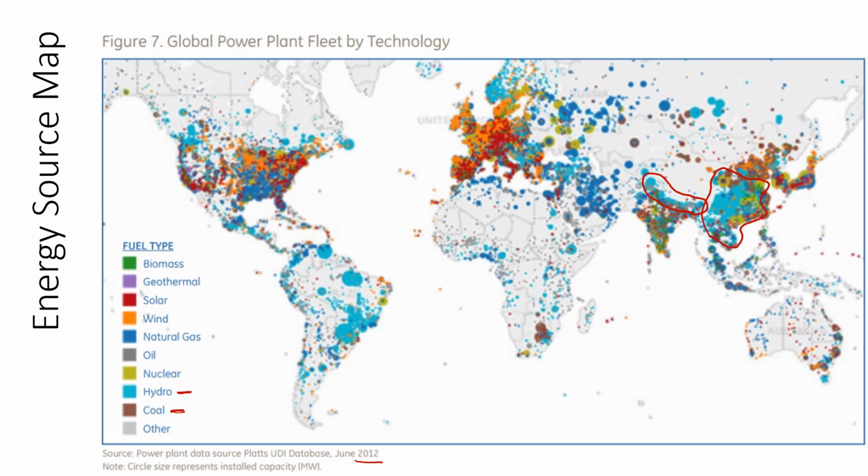Okay, some of the largest hydroelectric dams, you should know Three Gorges Dam in China, and you should know the Aswan High Dam in Egypt. And we'll talk about both of those in class and some of the environmental effects of both of those.